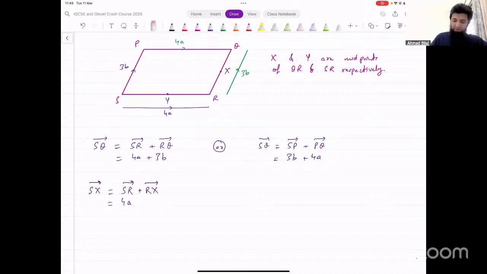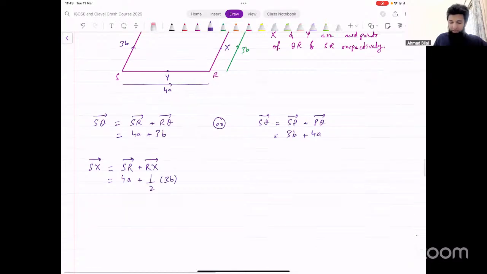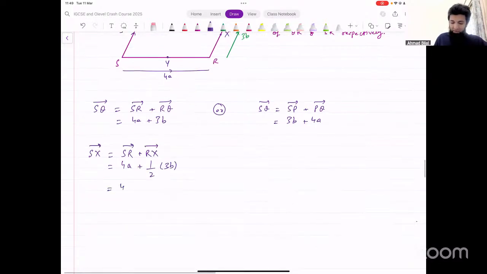What that means is RX can be written as 1 over 2, half of RQ. Well, what's RQ? RQ is 3B. So we can say it's half times 3B, and the vector SX turns out to be 4A plus 3 over 2 times B. That's the vector SX.